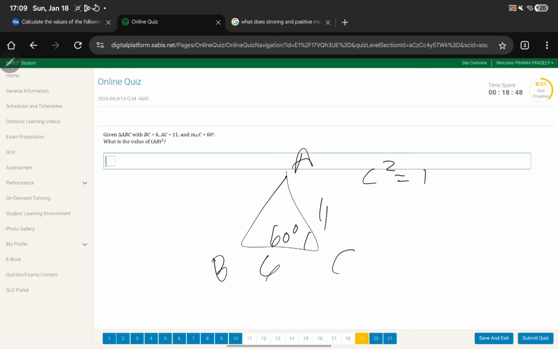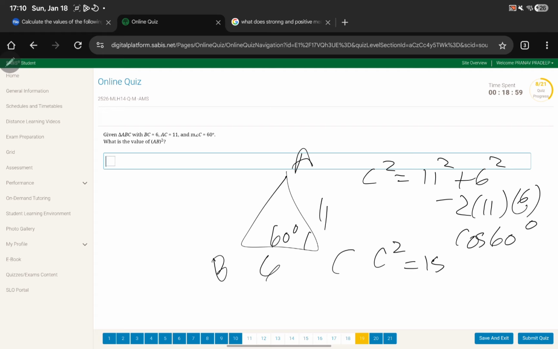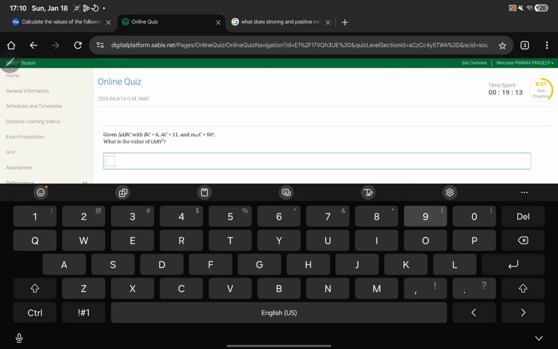C squared equals 11 squared plus 6 squared minus 2 times 11 times 6 cos 60 degrees. C squared equals 157 minus 132 cos 60, which, when you simplify, you get C squared equals 91. Alright? Just calculate. It's not that hard.